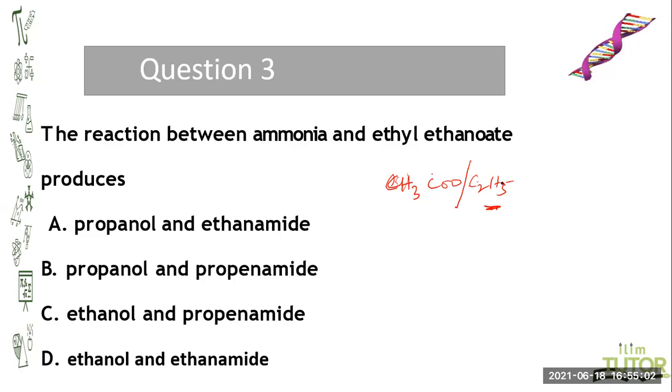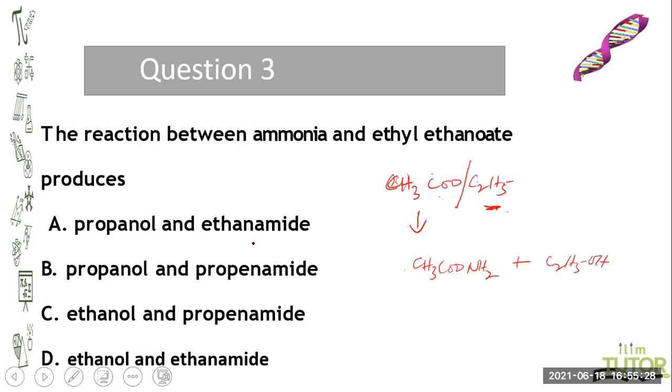So the ethanol must first find itself, while the ammonia, the NH2, will be attracted to this, such that I will have CH3COONH2, an amide, plus C2H5OH. So I'm getting ethanol and ethanamide. This is an ethanamide.